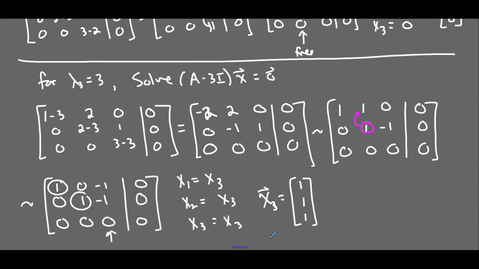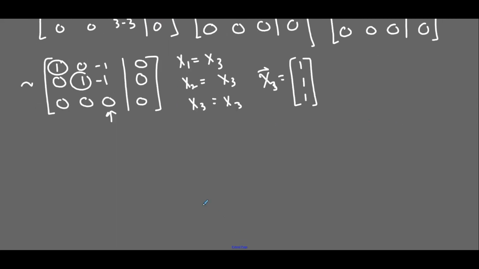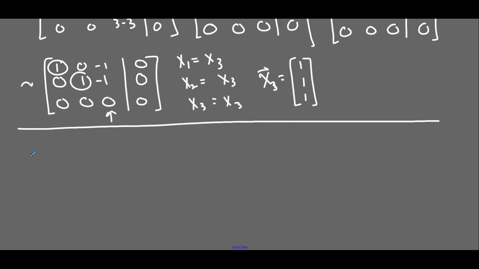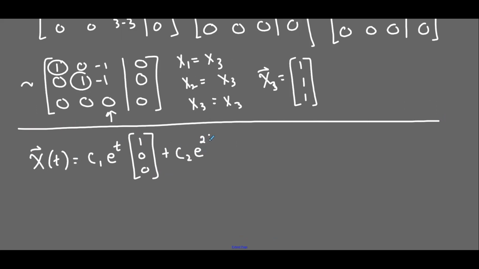All right. So now I have my 3 eigenvalues and my 3 eigenvectors. I'm going to write my solution. So I'll say vector x is c1 e to the 1t times the eigenvector for 1. So we found 1, 0, 0. And then the second eigenvalue was 2.